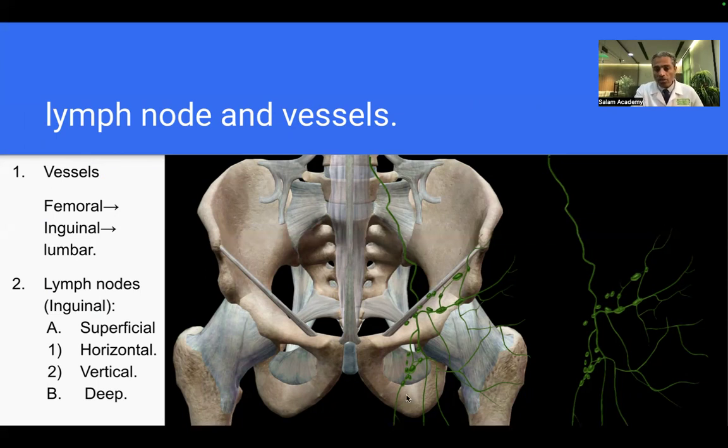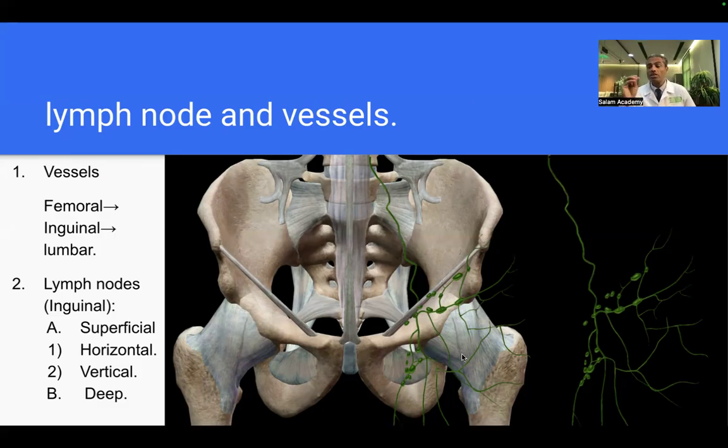This lymph collects all of this fluid through these vessels. This is the femoral vessels, we have inguinal vessels, and we have lumbar vessels. This femoral, inguinal, and then lumbar vessels. And then we have lymph nodes.